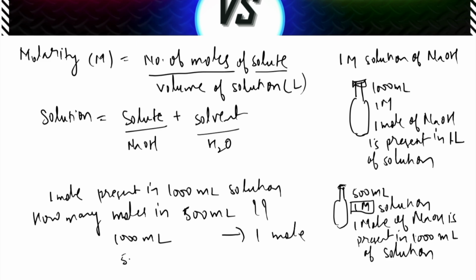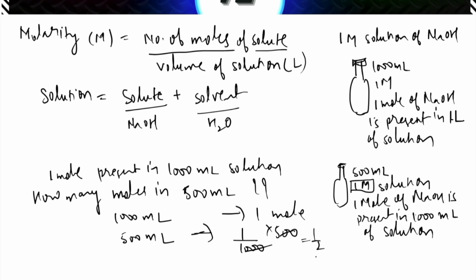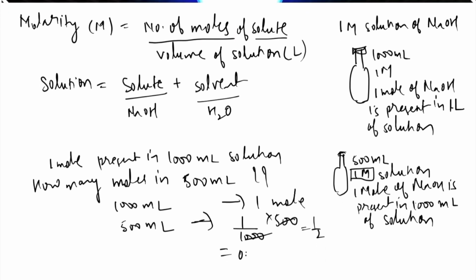So in 500 it will be 1 divided by 1000 into 500. Simple unitary method. 1 by 2, that means 0.5 moles. So in this solution, though it is 1 molar, since the volume is different, 500 ml, the number of moles present will be 0.5 moles. So 0.5 moles in 500 ml, or you can say 1 mole in 1 liter of the solution.